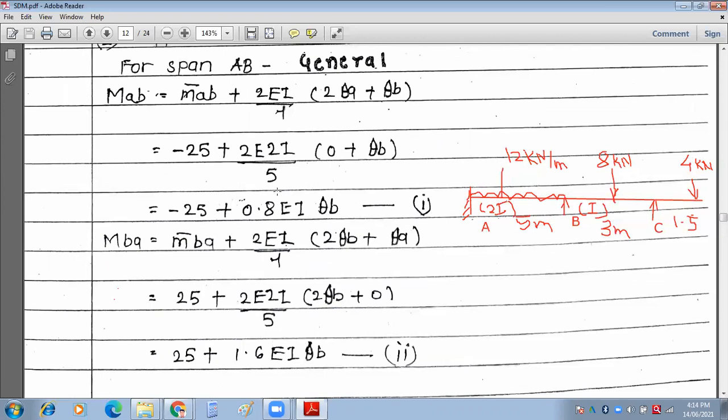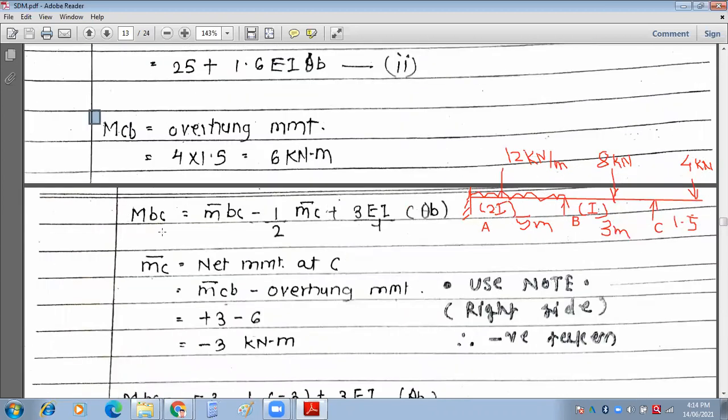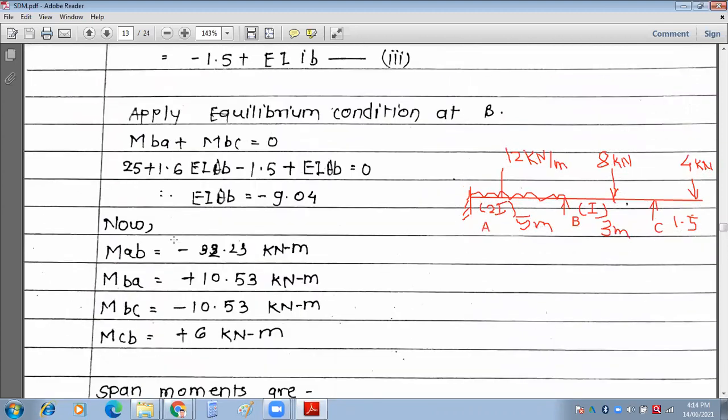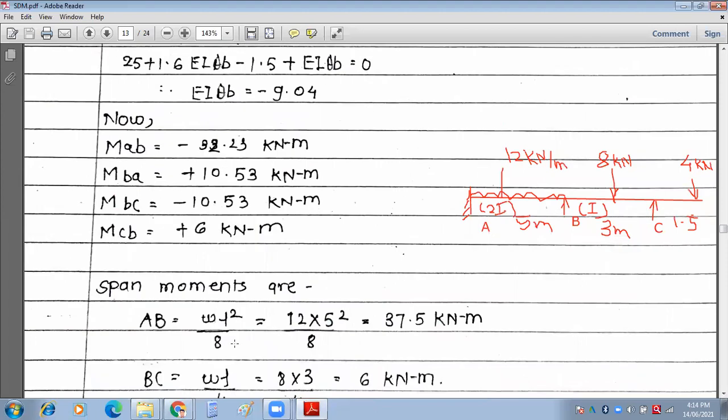By putting this EI theta B value, you will get the moment at AB, moment at BA, and moment at BC, and those moments are minus 32.323 for the moment BA, 10.53 for the moment BC, minus 10.53, and the moment for CB is 6 kilonewton meter.